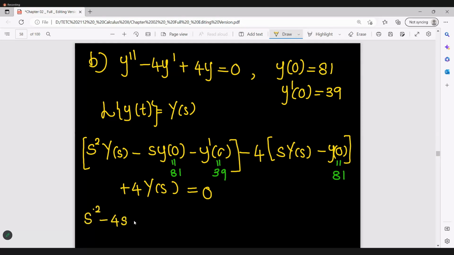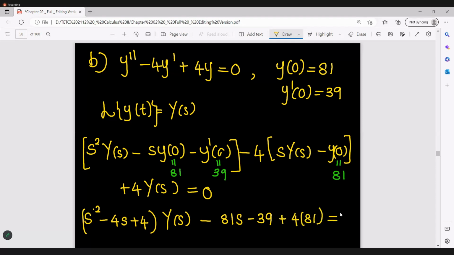So once you have substituted those three initial conditions, you will obtain an equation: S squared minus 4s plus 4 times capital Y of s minus 81s minus 39 plus 4 times 81 is equal to 0.